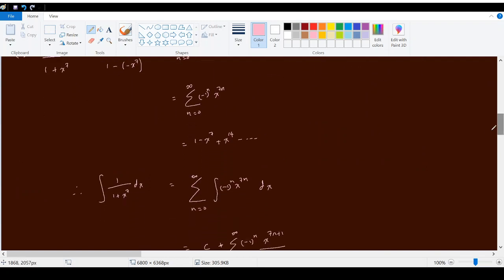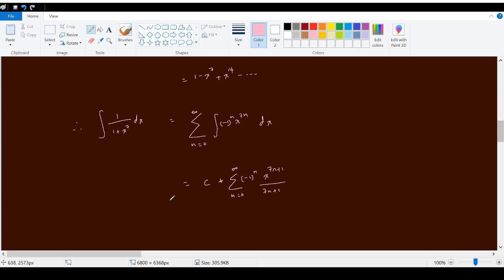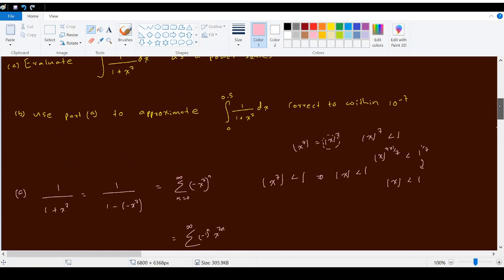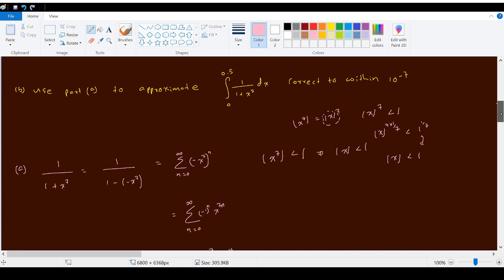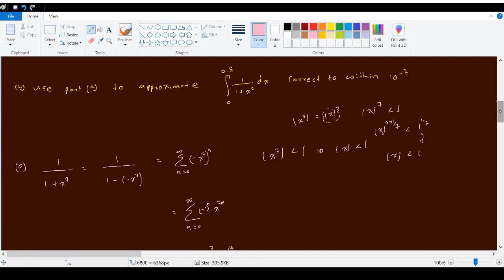If you need an explanation for that specific reason, please let me know. I will do that separately. So what you need to know is that when you are evaluating a definite integral, that is an integral with these two limits, the arbitrary constant will cancel out since you are doing a subtraction.